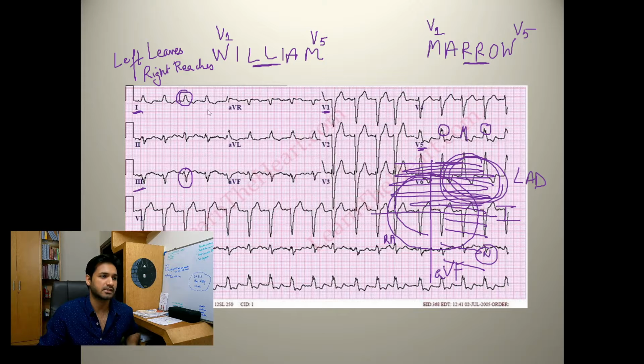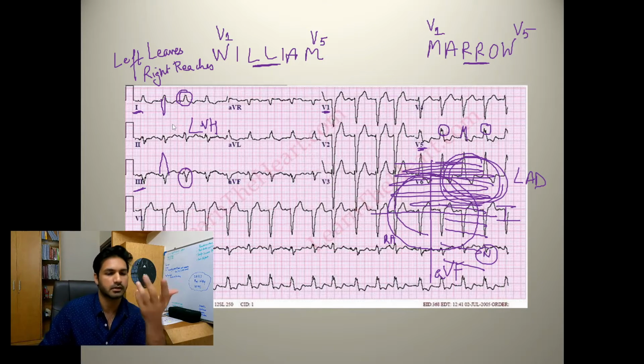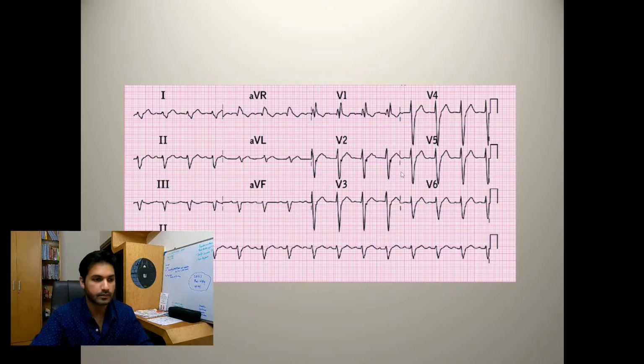So in 1 and 3, it's leaving, it's not reaching together. So this is left axis deviation or left ventricular hypertrophy. If the QRS was negative in lead 1 and positive in lead 3, they would be reaching towards each other. So that's right reaches. That would point towards a right axis deviation or a right ventricular hypertrophy. So that's a crude method, but you can always use it.